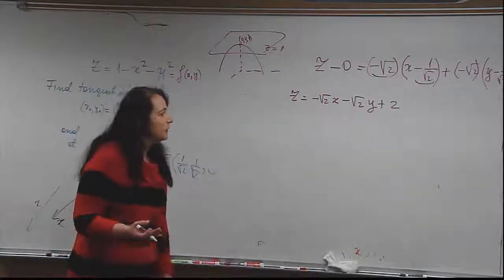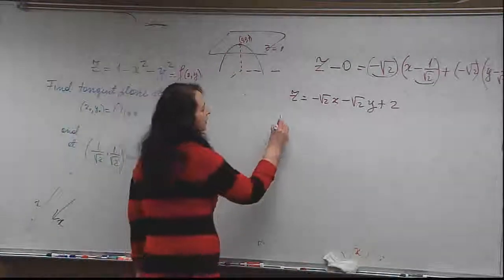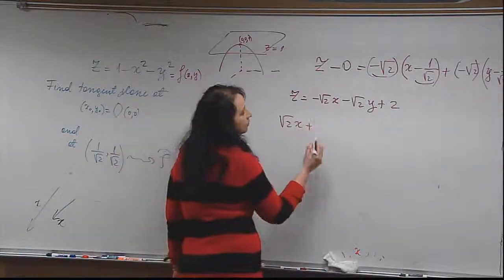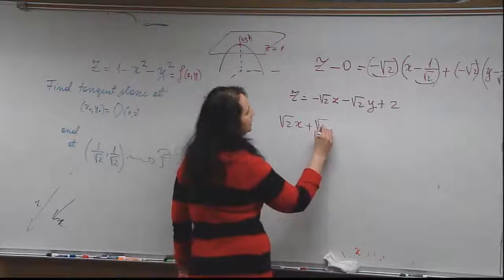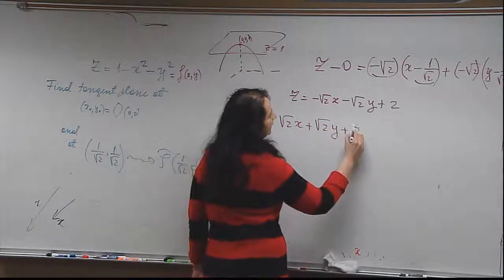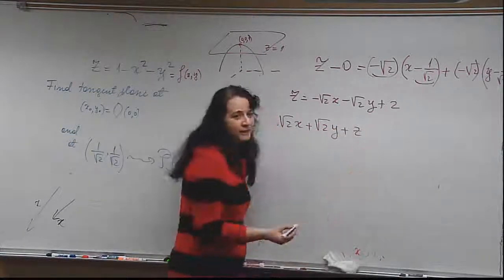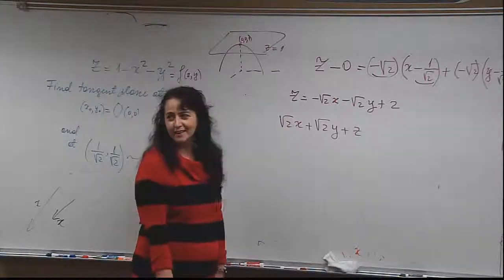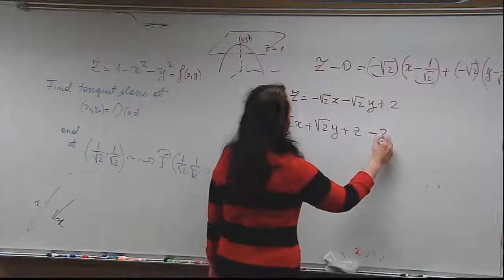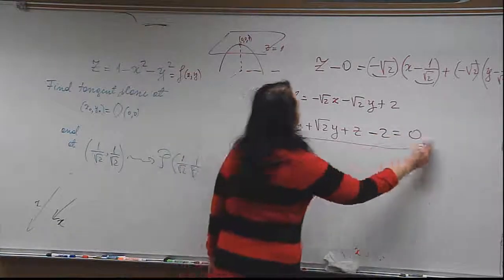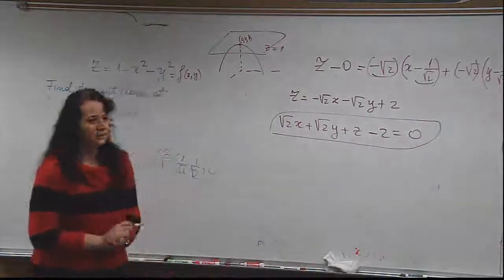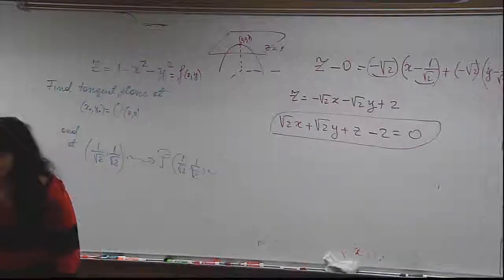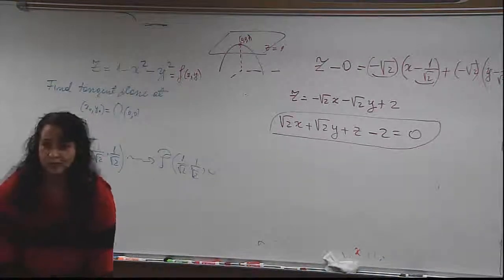So if you wanted to make it very happy, you would still move everybody to the left-hand side. Do you want equal to 0 or minus 2? Negative 2. Is that okay? Is that fine? Are you guys done? Is this hard? No. Who said it's hard?